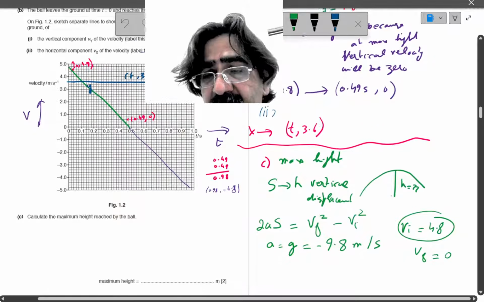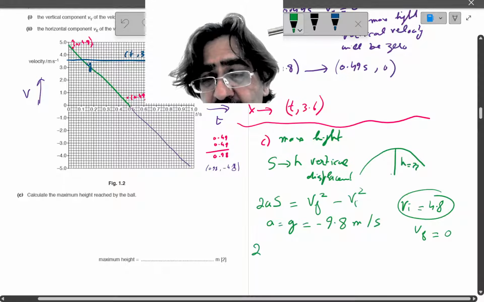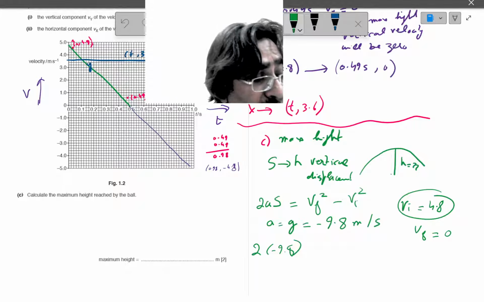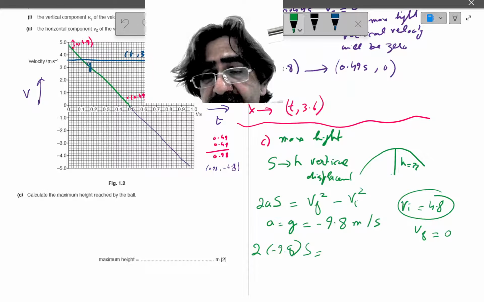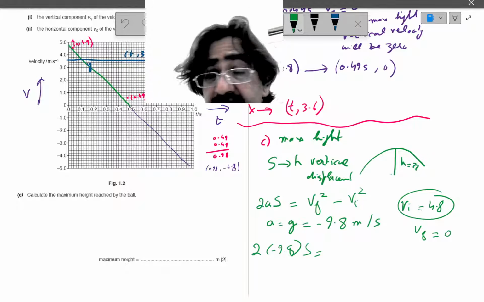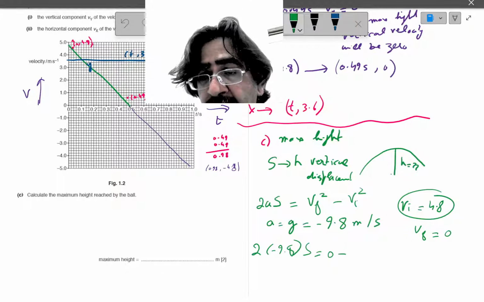By putting all these values, you will get 2 times minus 9.8 multiplied by S equals Vf, which is 0, so 0 minus Vi, which is 4.8 here.